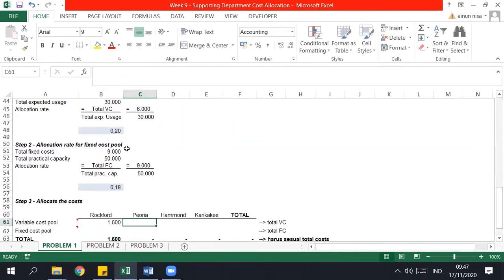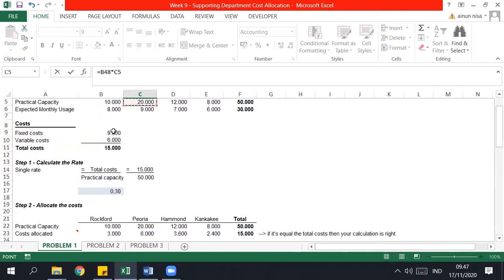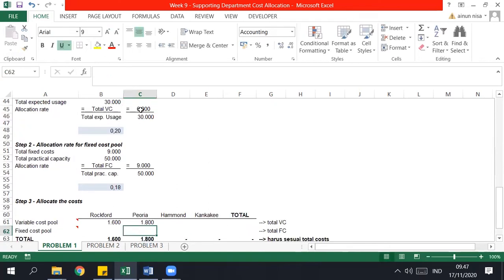For Peoria, it is 0.2, the variable cost rate, times 9,000, the expected monthly usage of Peoria, and so on and so forth. So the concept is, don't forget to calculate it with the variable cost rate times the expected monthly usage of each department.